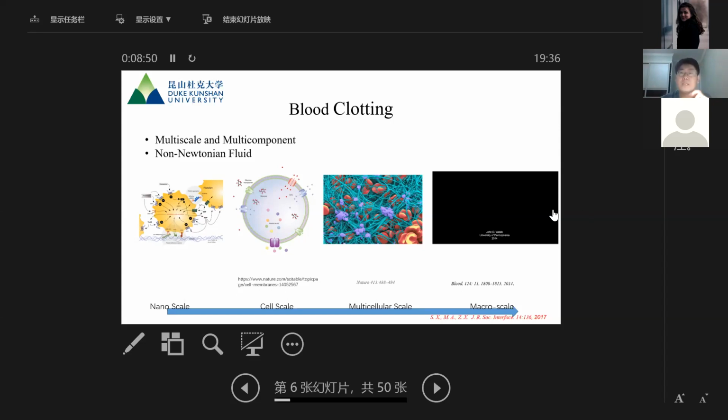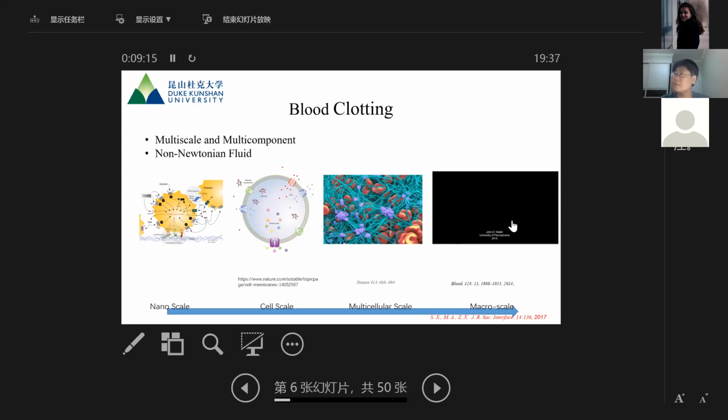And also at the large scale, there are interactions between the forming clot and the blood plasma. You can see this experimental movie from our collaborator. So it is a multiscale, multi-component problem. It is also a very challenging question coming from the mechanical property. The forming clot is not a Newtonian fluid.